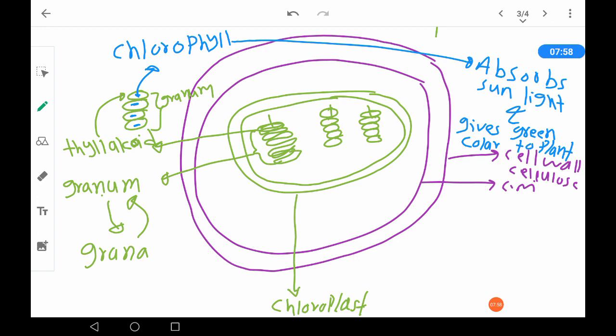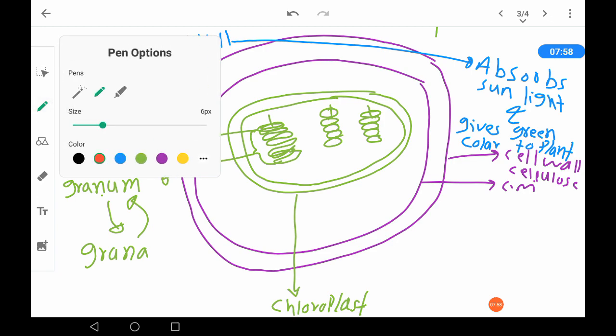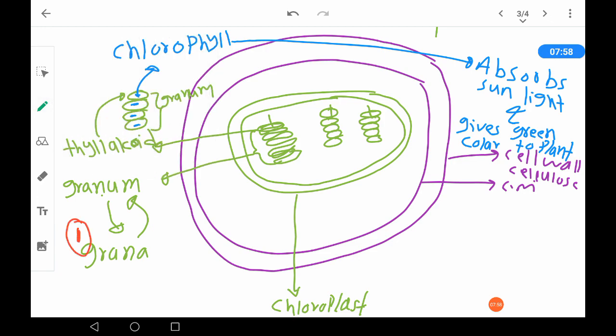So this is about the chloroplast, the first part, okay, which is grana, as I mentioned. And I told you grana is made up of granum, okay? The plural of the granum. Each granum is made up of many thylakoid membrane, but each one contains chlorophyll. The second part of the chloroplast we called stroma.